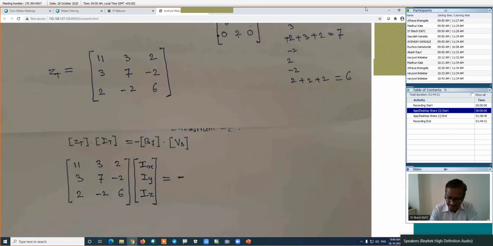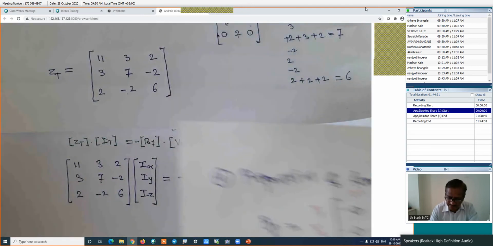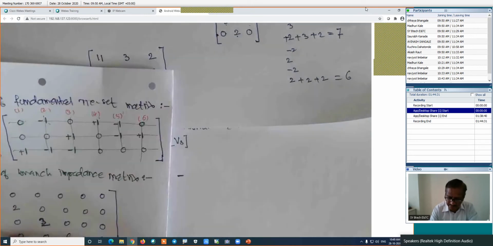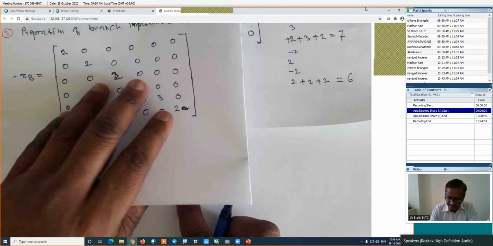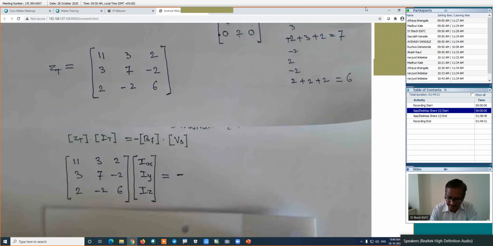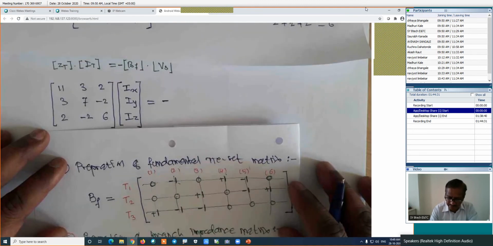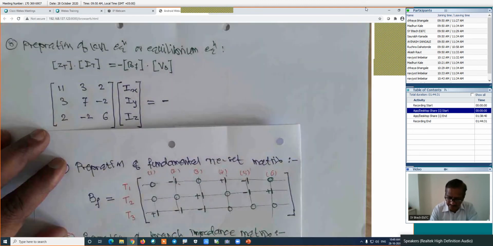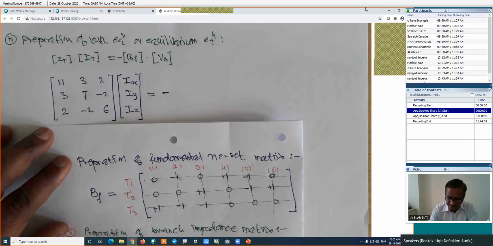BF in this case is the fundamental Triset matrix. This is minus. I will write here the BF, which is the fundamental Triset matrix. I will copy this minus sign as it is.